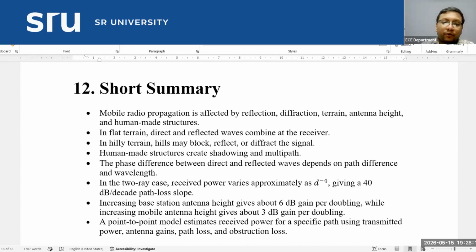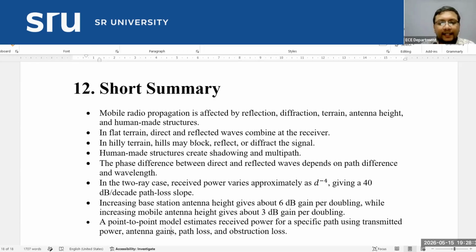It gives a 40 dB per decade path loss slope. It means if I increase the distance between transmitter and receiver 10 times, then the receive power will drop by 40 dB. That is the meaning of this.